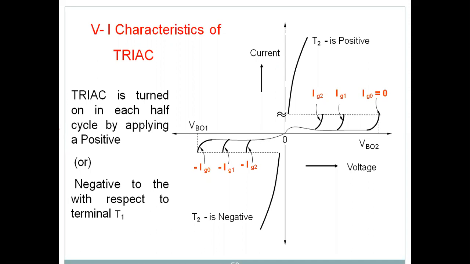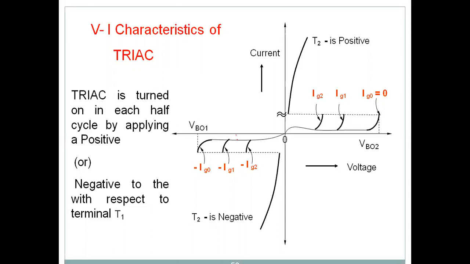The triac can be operated with either positive or negative control voltage, but in normal operation, usually the gate voltage is positive in quadrant 1 and negative in quadrant 3.